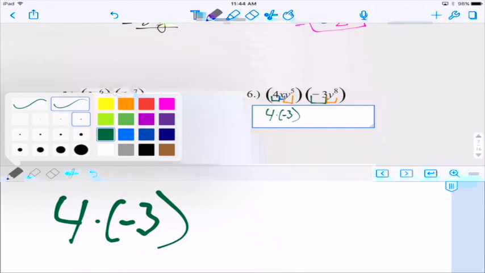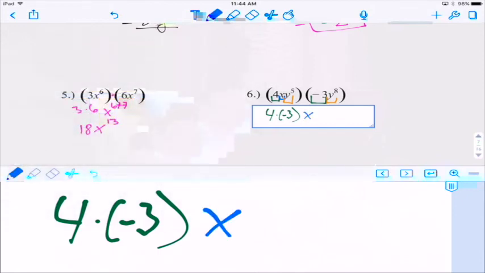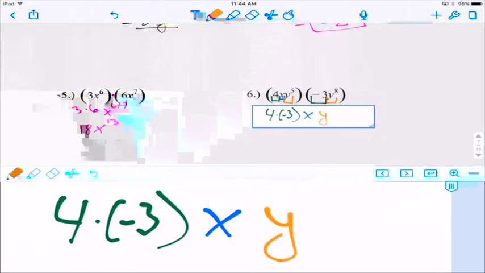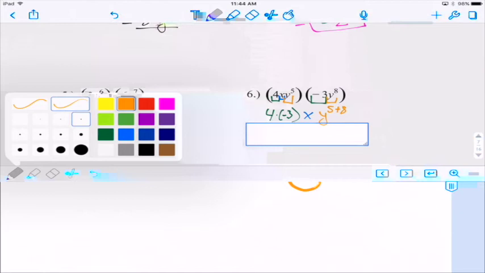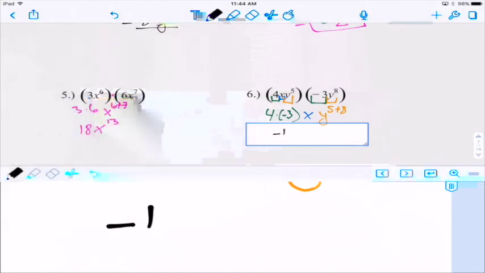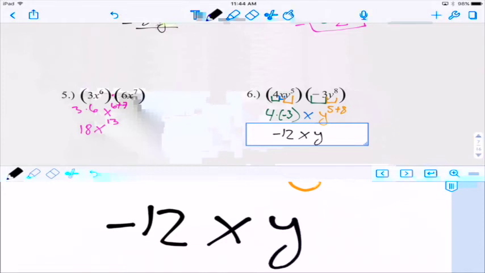We've got our x, and that one's just by itself. I'm just going to keep it. And we've got y to the 5 plus 8. So what this turns into, grand total, negative 12. That was with our numbers. x is just our x. y to the 13th. All done.